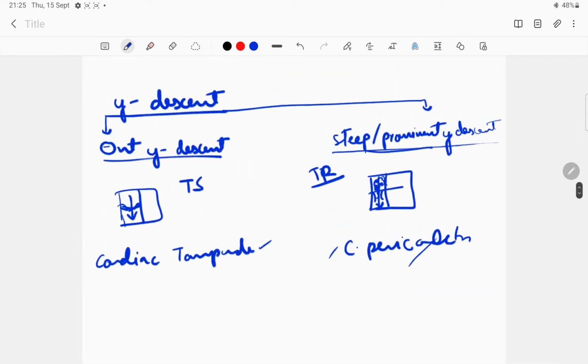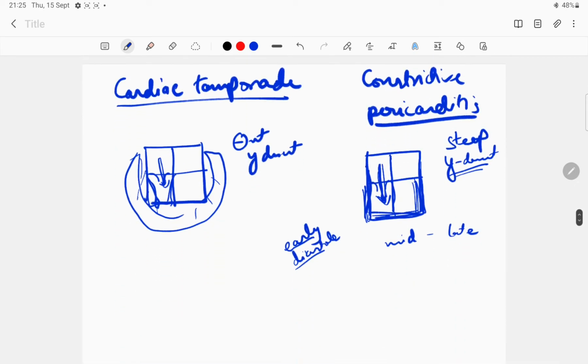So here we have seen this case, and talking about the X descent, there will be steep X descent in both cardiac tamponade and constrictive pericarditis. Why? Because we know that X descent is due to atrial relaxation.